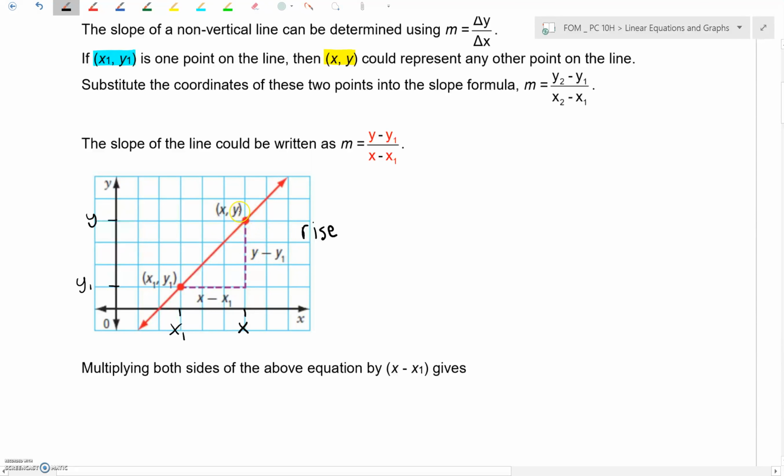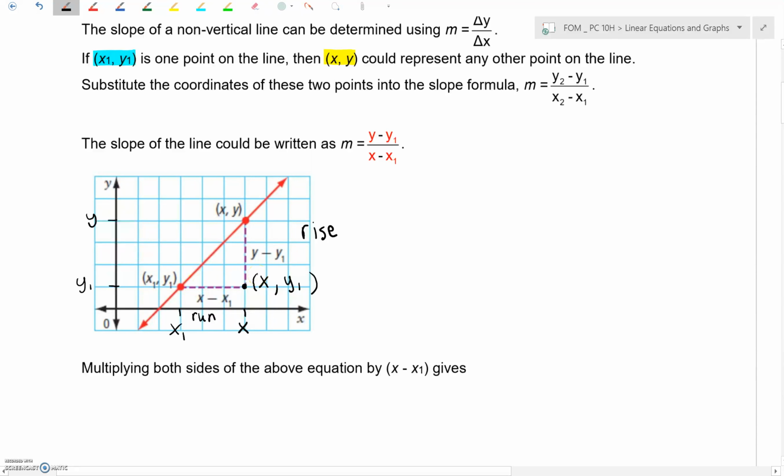So we would go y minus, let's get the coordinates of this point. The coordinates for this point are x and y1. So to get our rise, we would take the difference in y. We would go y minus y1 to get our rise. To get our run, which is this, we would take the difference in x. So we would say x minus x1 to get our run. Getting our rise and our run gives us our slope.